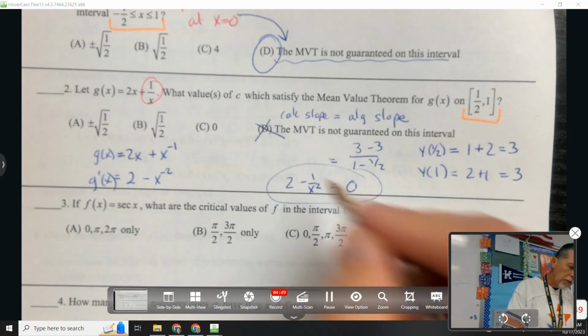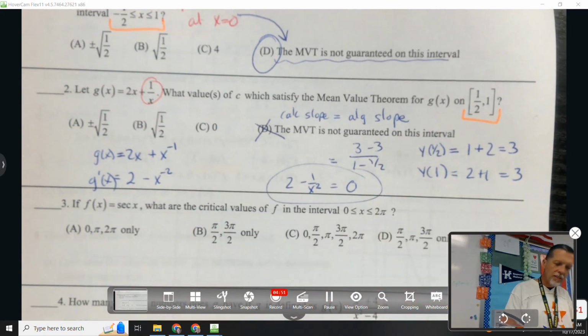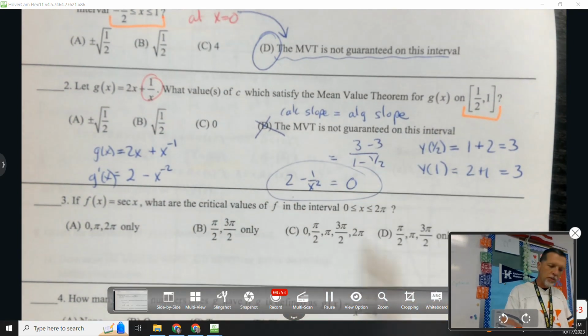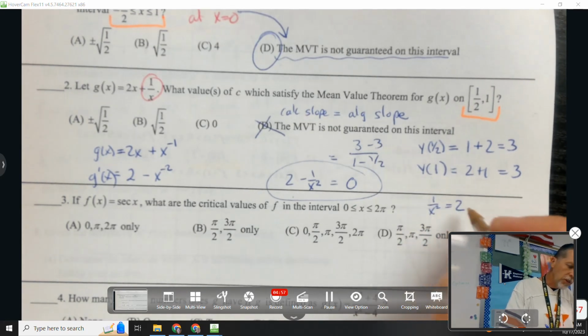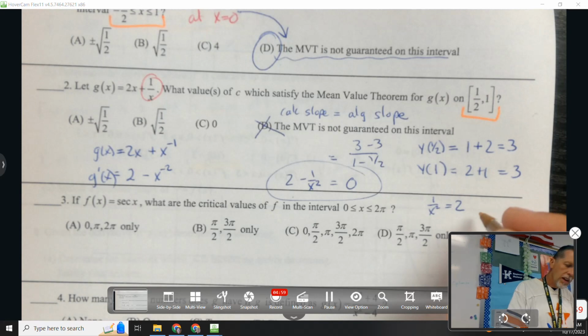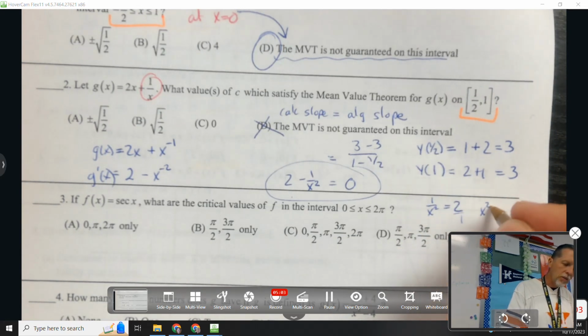So here's my main point of the MVT, that the calculus slope equals the algebra slope. So 1 over x squared equals 2. So if I cross multiply, I get x squared equals 1/2.